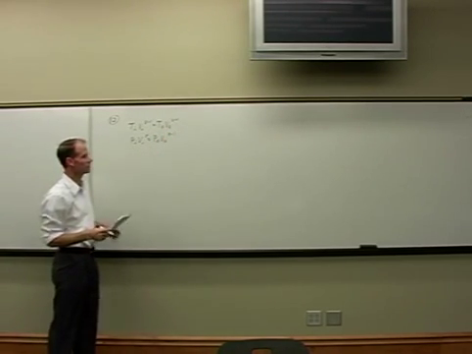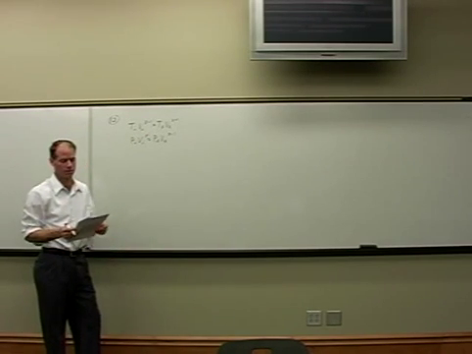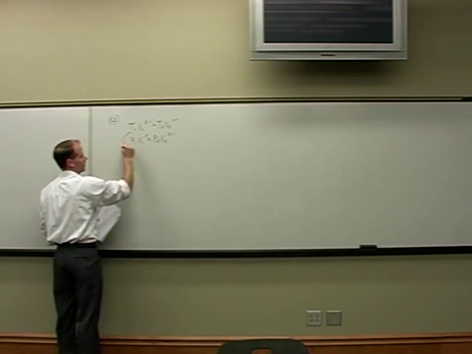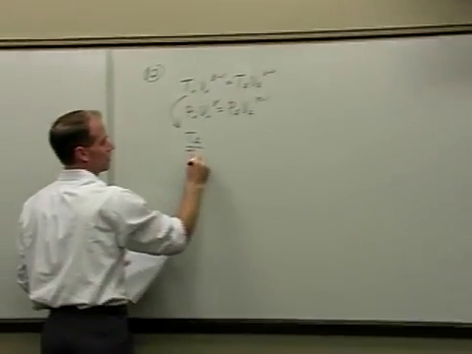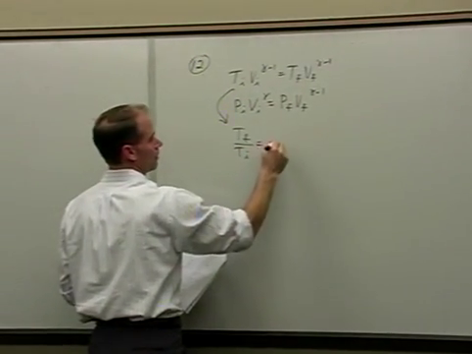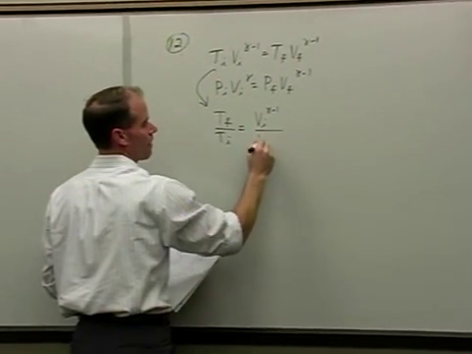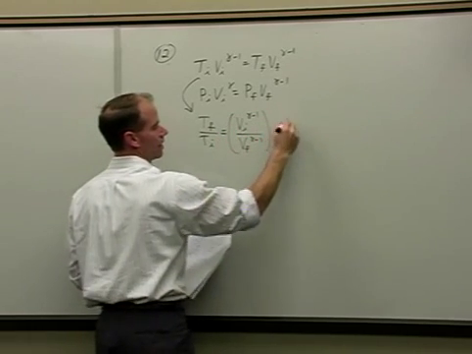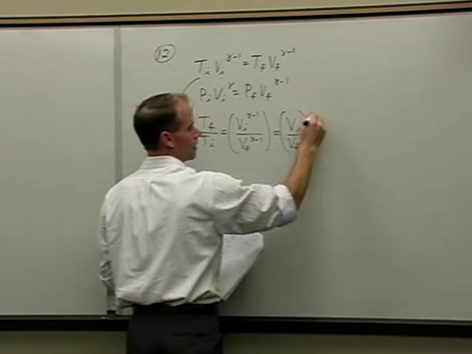We did not have a relationship that related temperature to pressure. Well, from this first formula here, we can say that T final over T initial is equal to V initial to the gamma minus 1 over V final to the gamma minus 1, which I could write as V initial to V final, to the gamma minus 1.